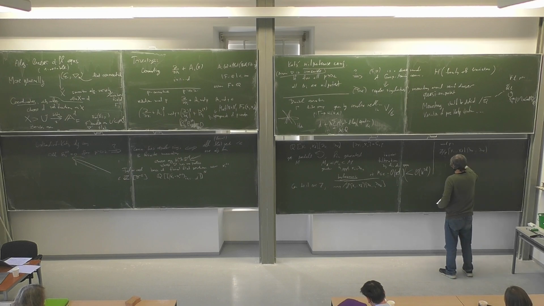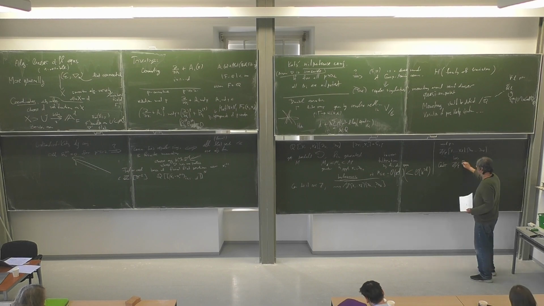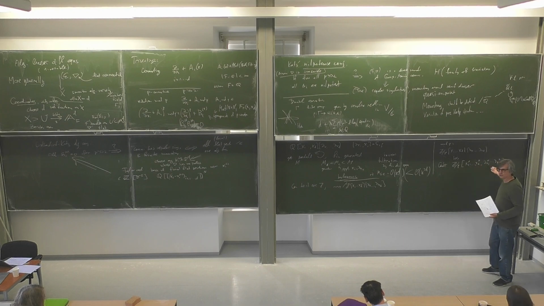The algebra has a huge center. The center is polynomials mod p in the p-th powers of these generators. And now I put these together, these things commute.